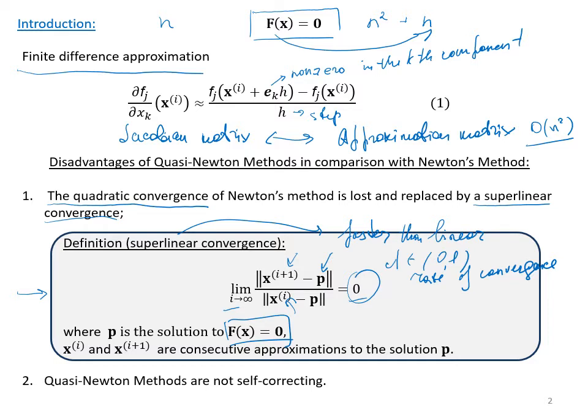Another disadvantage of quasi-Newton methods is the following. These methods are not self-correcting. What does it mean? It means that, for example, if we deal with Newton's method, iteration by iteration, there are round-off errors, and Newton's method can correct these round-off errors from iteration to iteration, and finally we can reach our desired accuracy or exact solution.